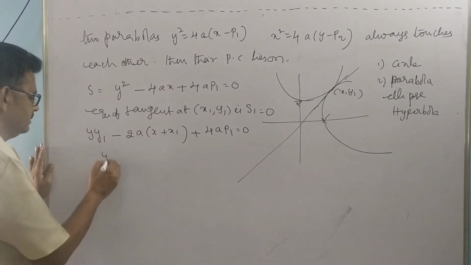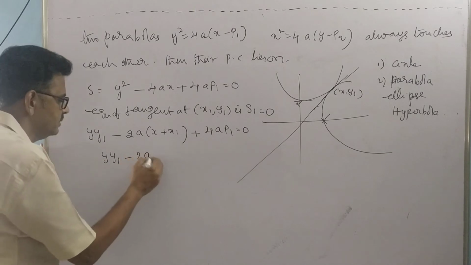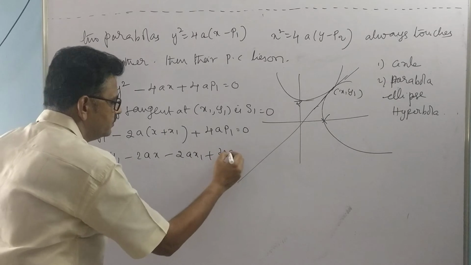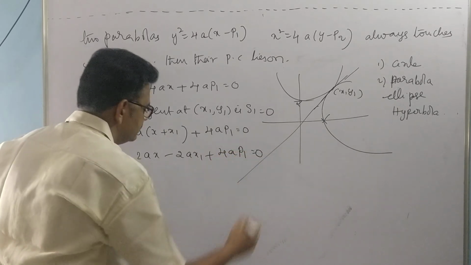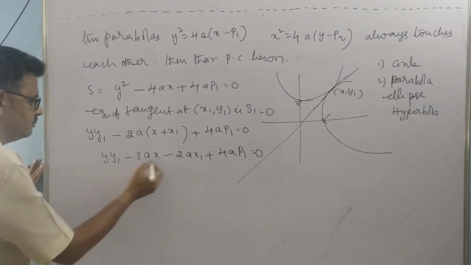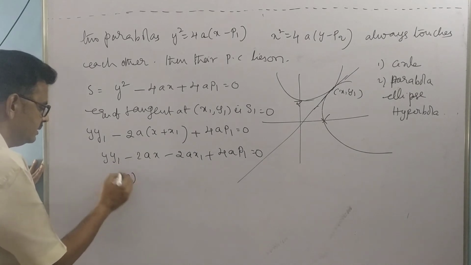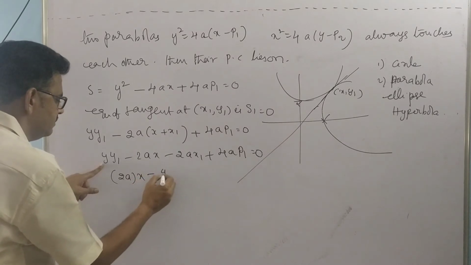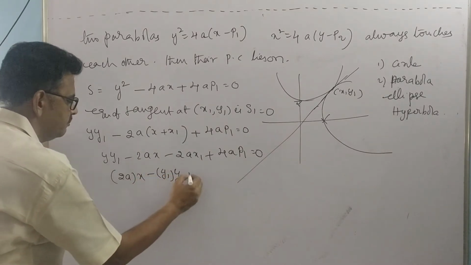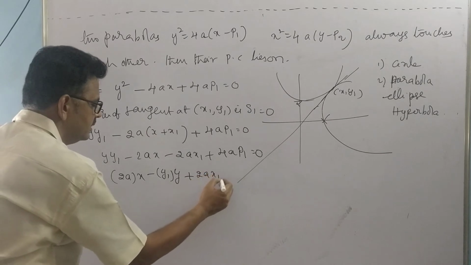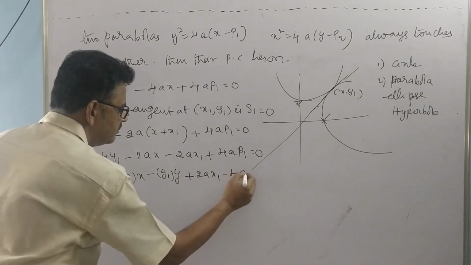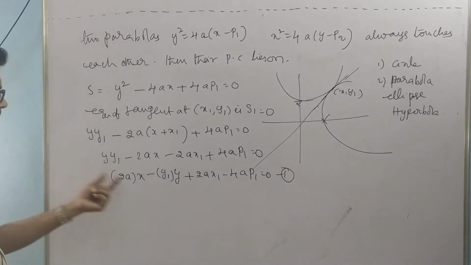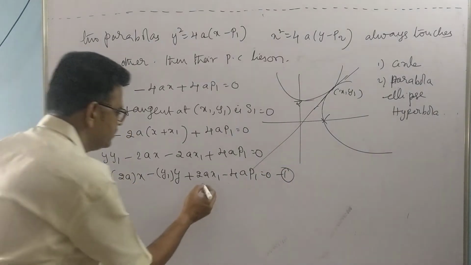So this is yy1 - 2a(x + x1) + 4ap1 = 0. Taking minus common: 2ax - y1 y + 2ax1 - 4ap1 = 0. So the first one is in the form ax + by + c = 0.